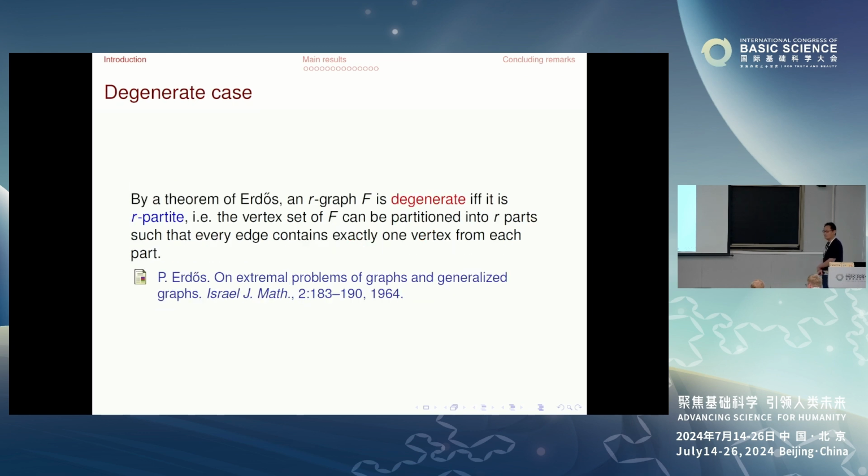Another topic is the degenerate case. A theorem of Erdős shows that an r-graph F is degenerate if and only if F is r-partite. I mean that the vertex set of F can be partitioned into r parts such that each edge contains exactly one vertex from each part.